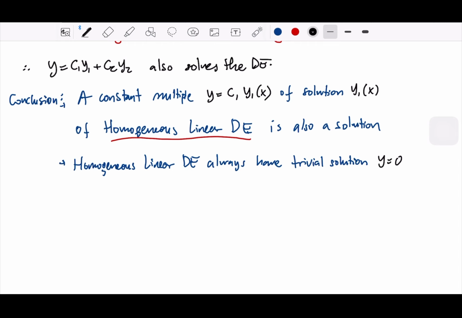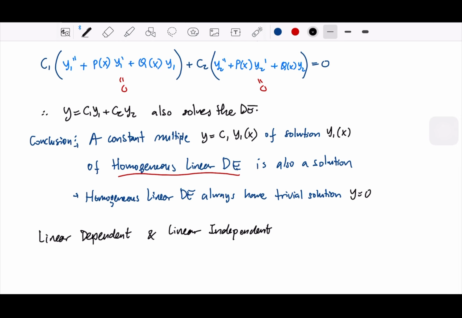So the next concept is linearly dependent and linearly independent.